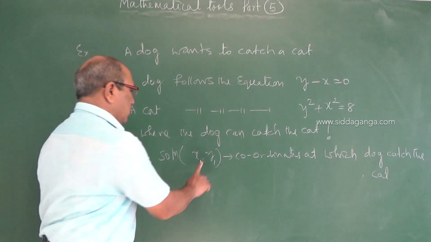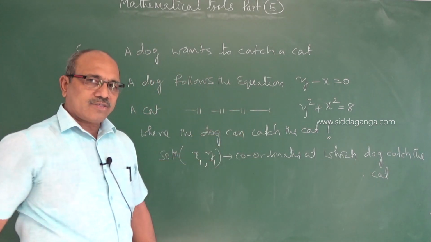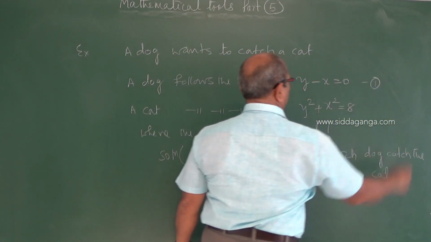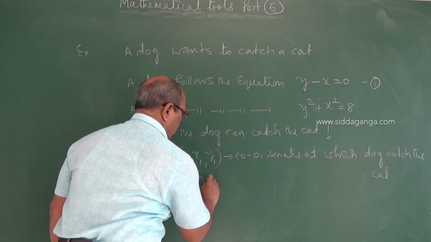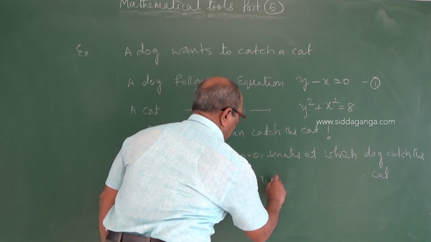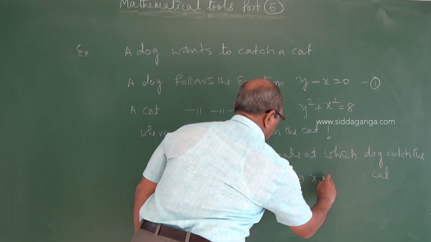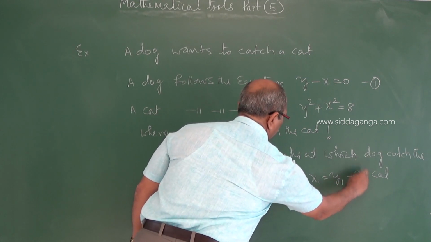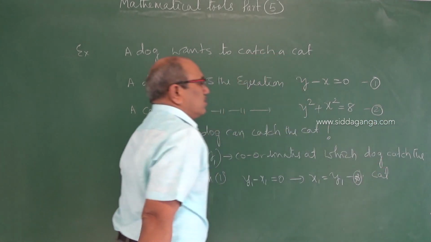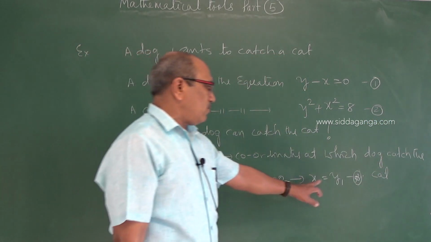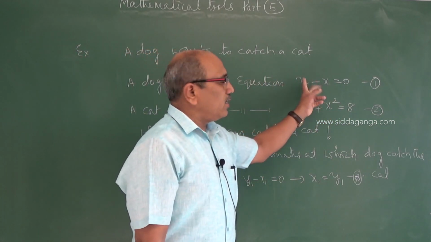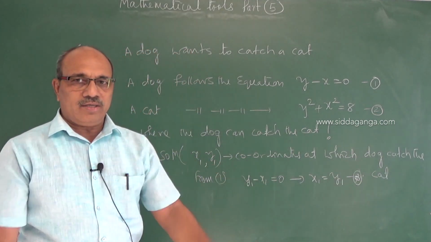then according to the equation given, I can write from equation 1, y1 minus x1 equal to 0, which implies x1 is equal to y1. According to the given equation, how the dog is moving, y and x are related by x equal to y.